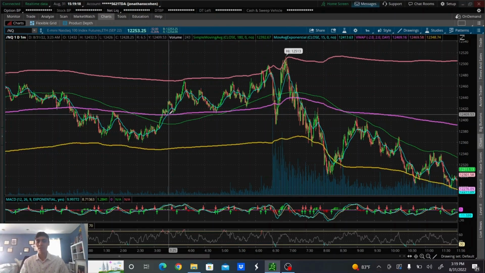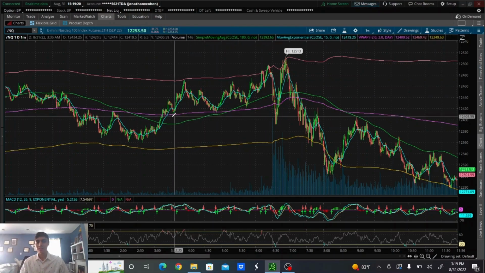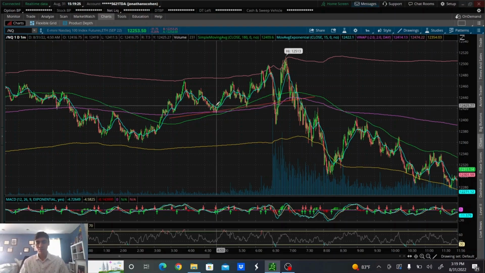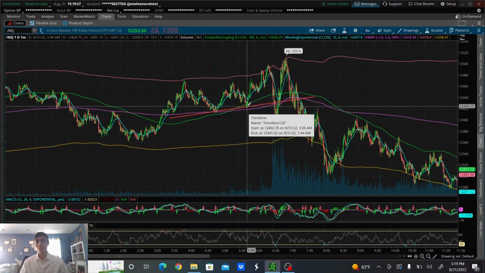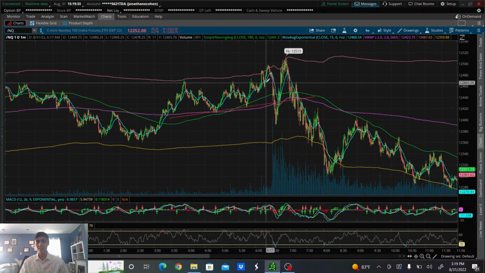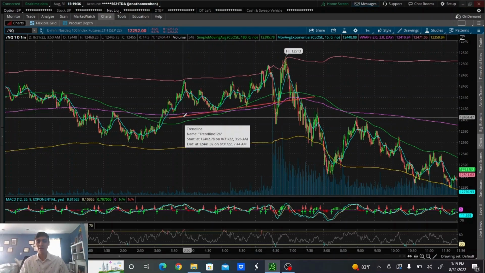It did cross the middle VWAP here, and it was still forming higher lows and higher highs. Even though the lows were barely any bit higher, they were still higher, and I was paying attention to that. And the highs it was getting were still continuously climbing, right? The highs were getting higher.